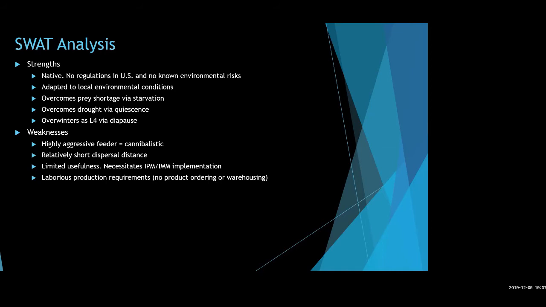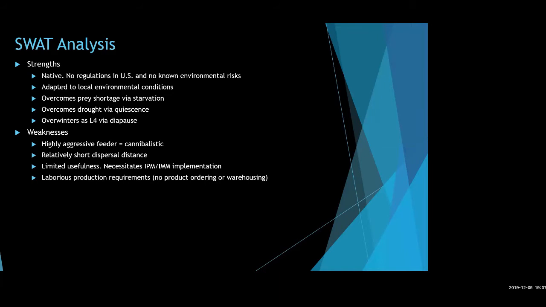So if we have mosquitoes coming out of storm drains, breeding in storm drains, Toxorhynchites, for instance, is not the right biocontrol method or agent to use there. So a careful matching of target and biocontrol agent is necessary, and that limits them to a certain extent.